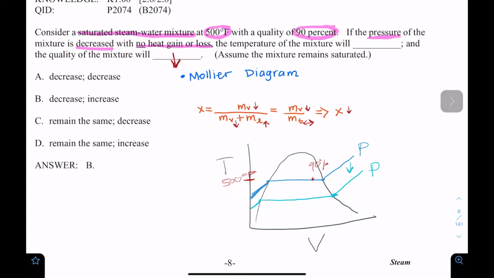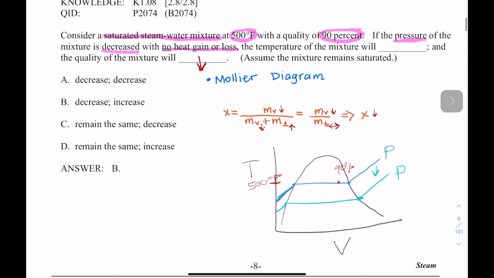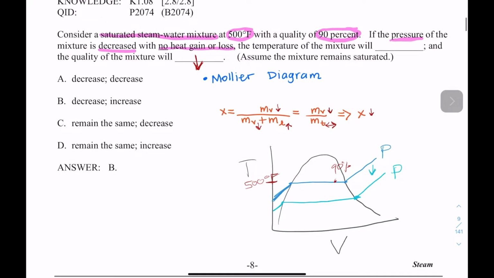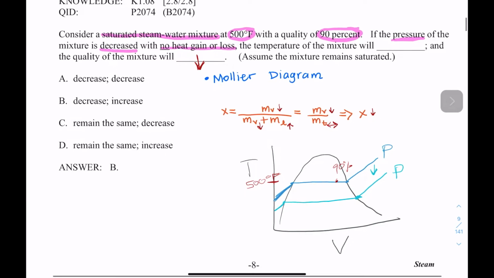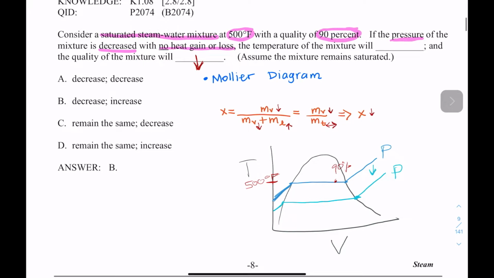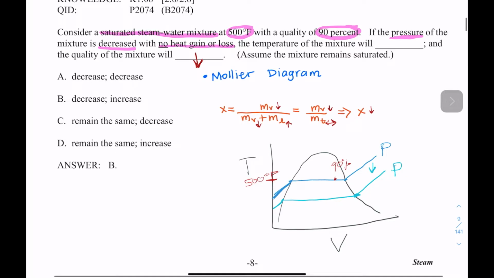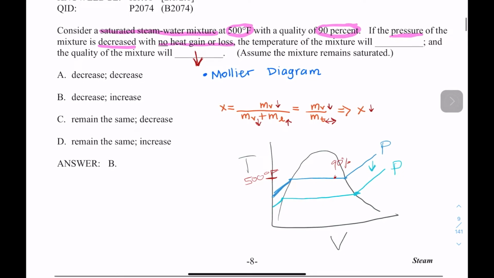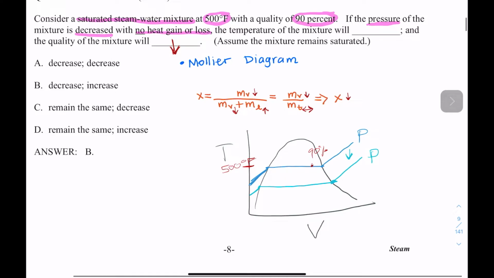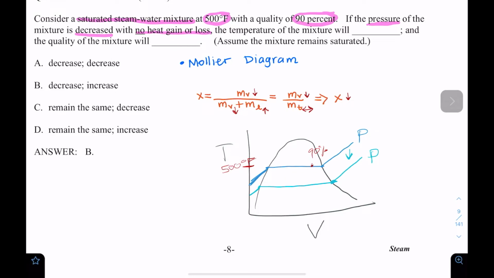Now it's asking me about the temperature of the mixture, right? What's happening to the temperature of the mixture? That's kind of the assumption for if the pressure of the mixture is decreased. Okay, so this one is not doing that. In this case, it's not doing this.